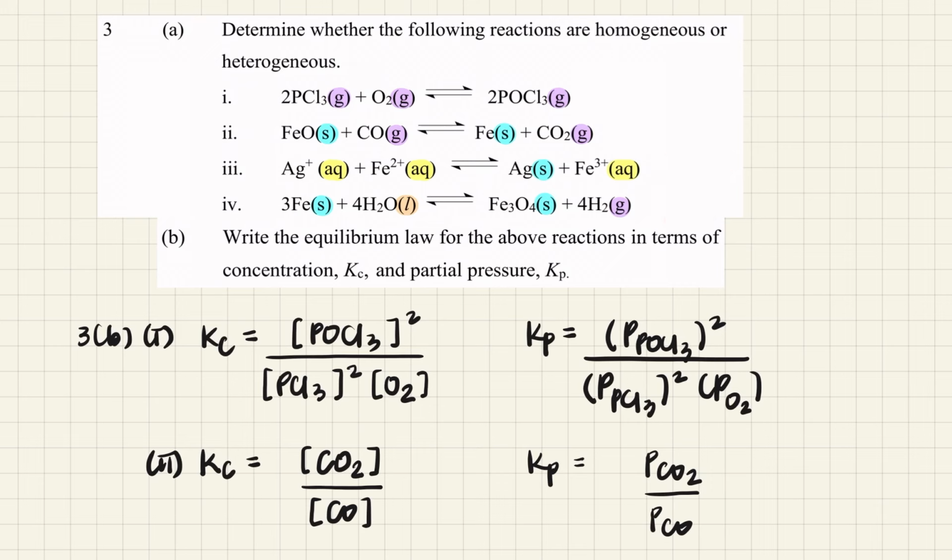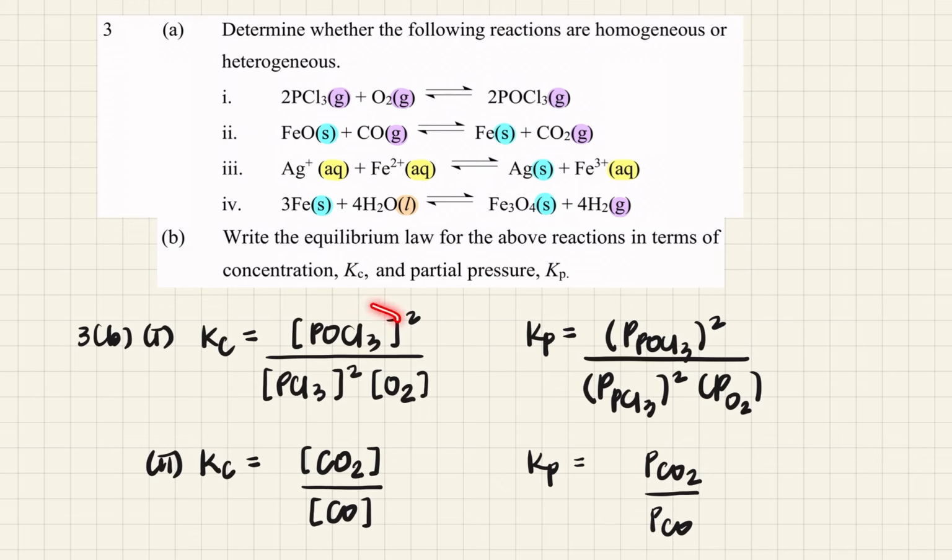Okay, and then you want to write your equilibrium law, okay, for the above reactions in terms of Kc and Kp. Okay, so concentration and partial pressure. So for the first one, okay, you have all in gas phase, so that means you can write your Kc and Kp as follows.